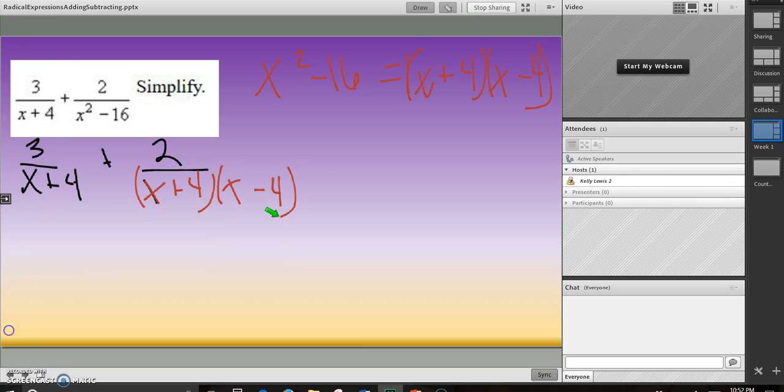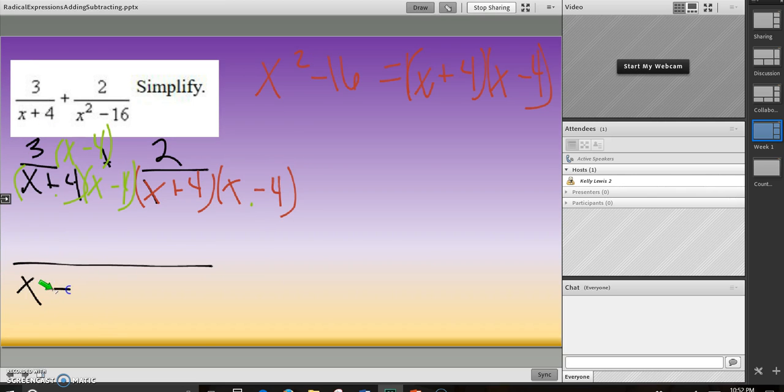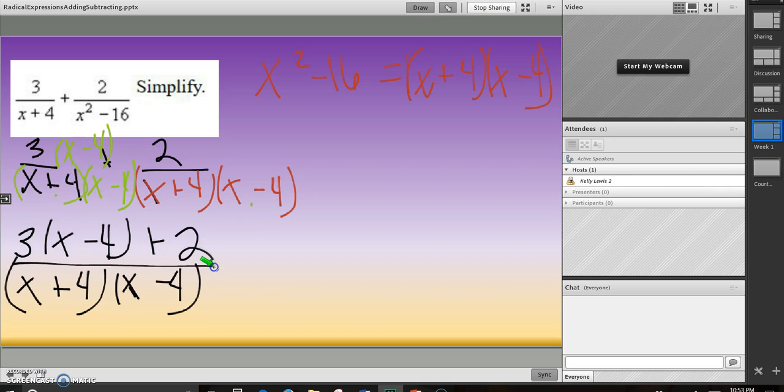And so in order to get them to be the exact same thing, this is an x plus 4, I need this one to have an x minus 4. Right, and so now they have the same bottom, x plus 4, x minus 4, and this is 3, x minus 4, plus 2. I didn't have to multiply anything over here because he already had the right bottom.